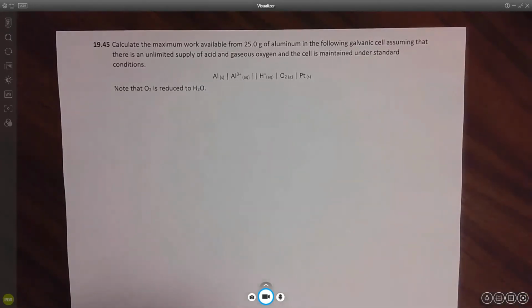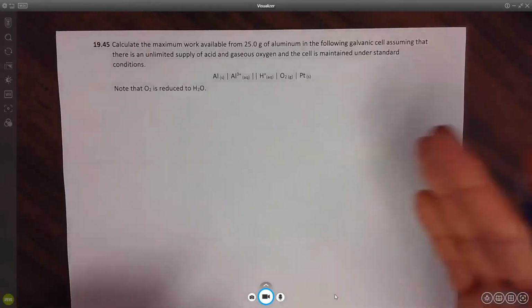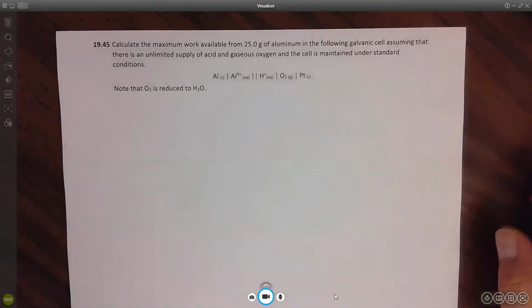How do we calculate maximum work? What is maximum work? Delta G, right? So we're going to need delta G. How am I going to get delta G from all of this electrochemical stuff?